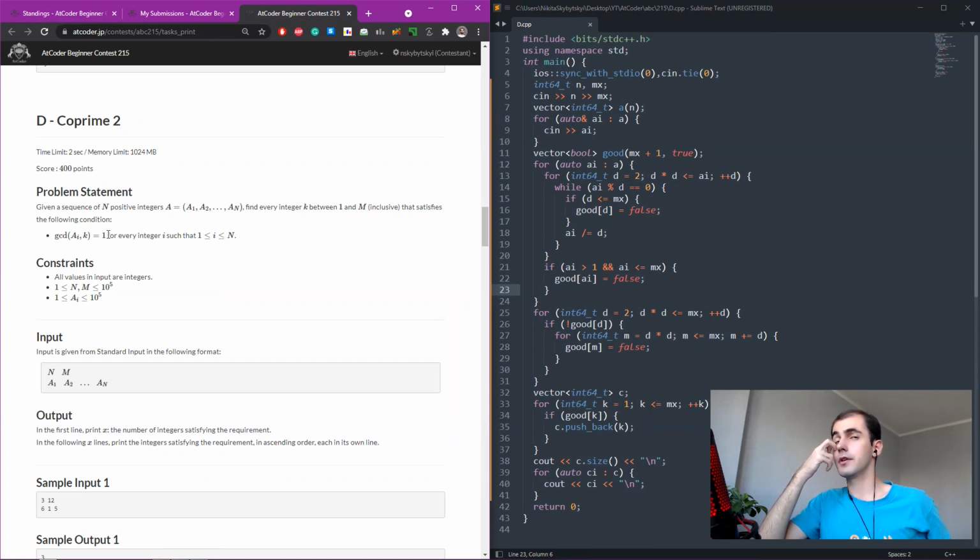All numbers that are not coprime with at least one element of the sequence have to be factored, right?